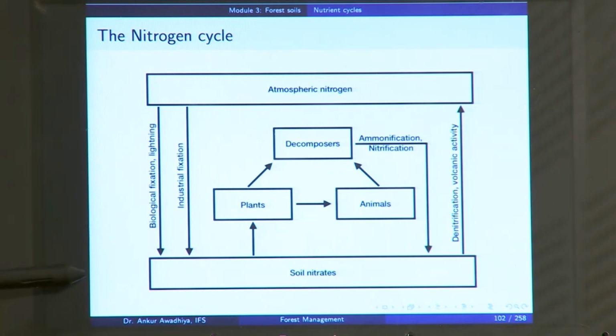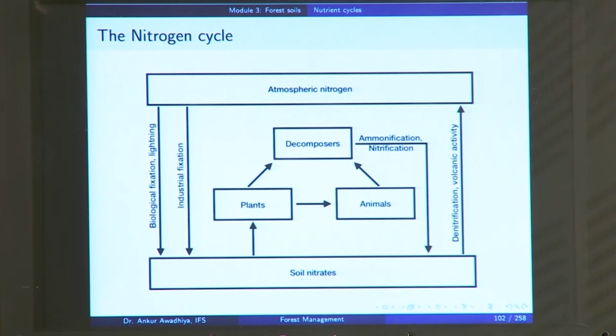The other nutrient pool is that of the soil nitrates. In this case nitrogen is present in the form of NO3 minus, and this NO3 minus is present in the form of salts together with some cations. So, this can be, say, sodium nitrate NaNO3, or it can be calcium nitrate Ca(NO3)2, and so on.